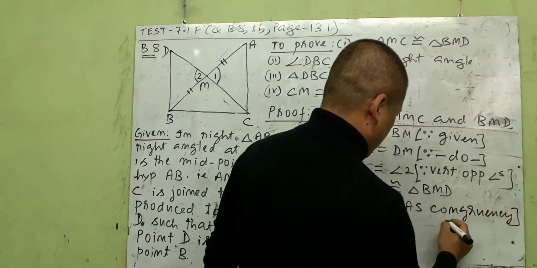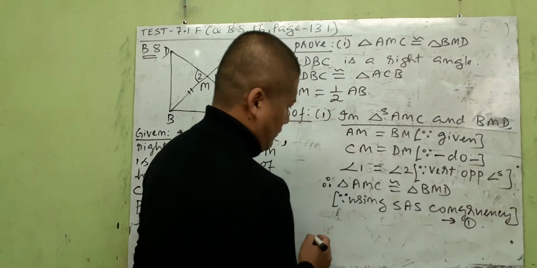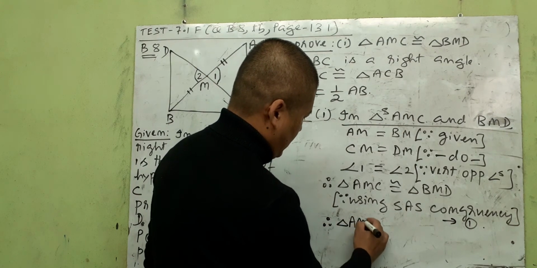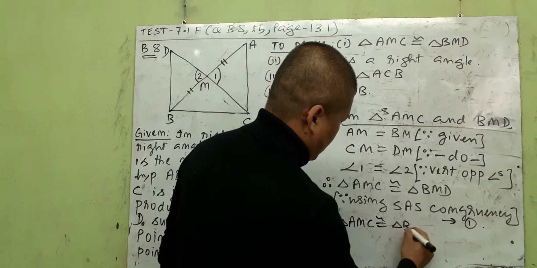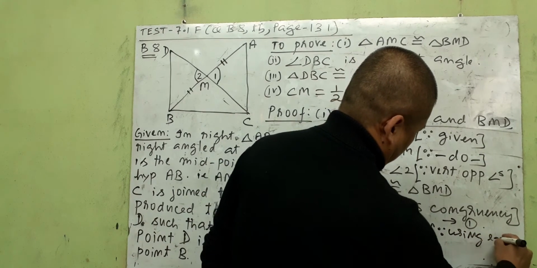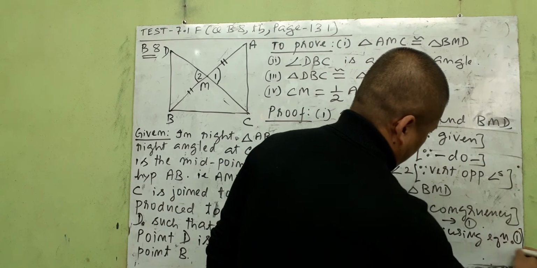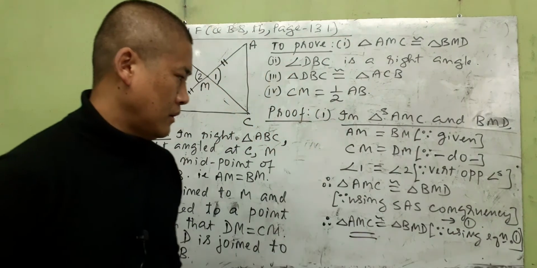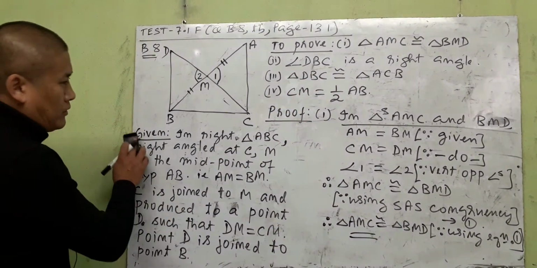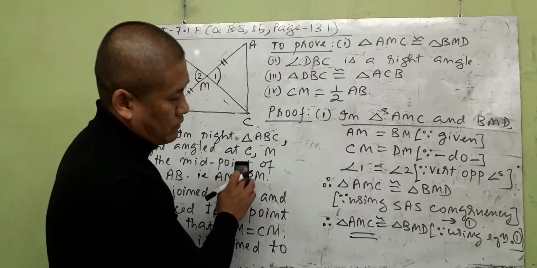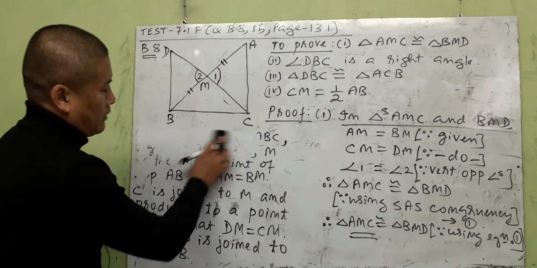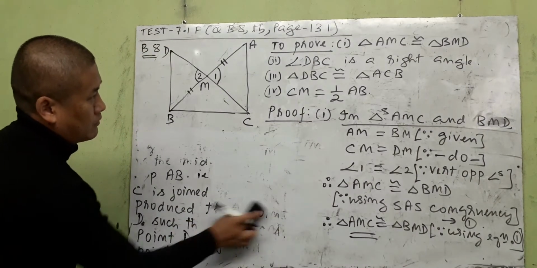So we may as well just keep this one as equation number 1 and write here, therefore triangle AMC congruent to triangle BMD. You may write once more, since, using just now equation 1. First answer. I kept here 1 because we are going to need it for proving the next things. So let us just continue here. Now this part is okay, I think, so let's wrap it up and continue.